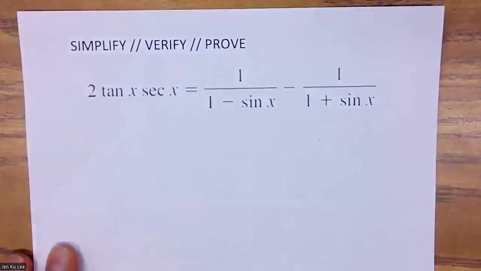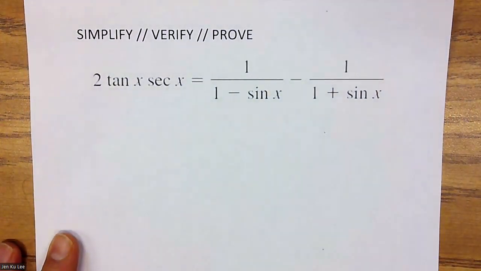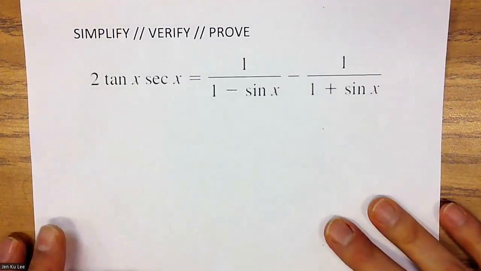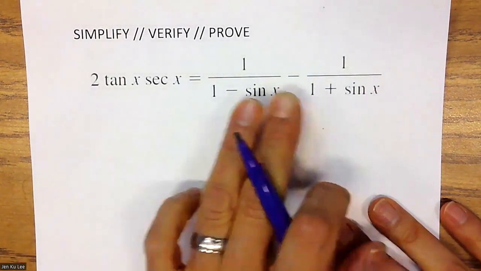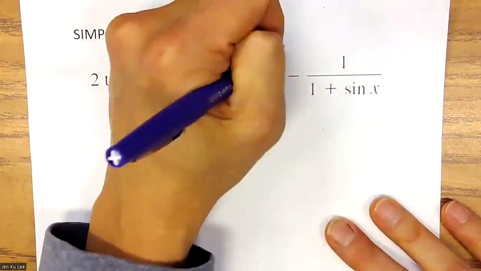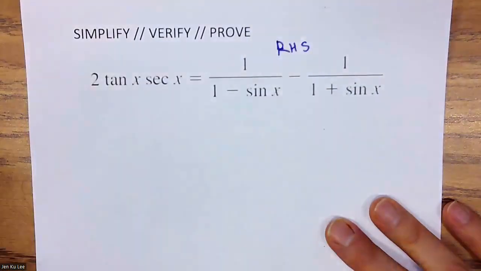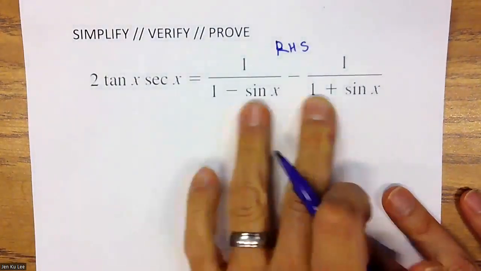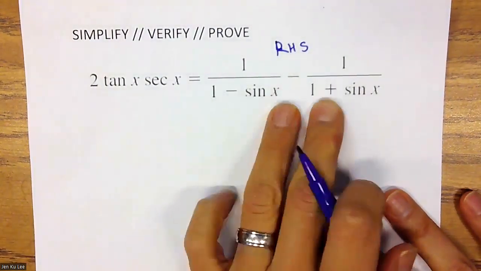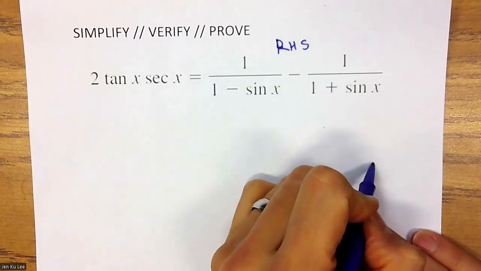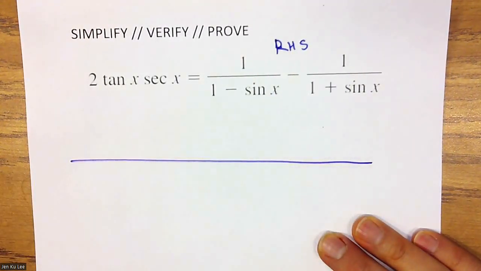My next one that I have is this. What's the more complicated side? Left hand, right hand? The right, right? Now I see two fractions. Whenever you see two fractions, you're going to come up with a common denominator.